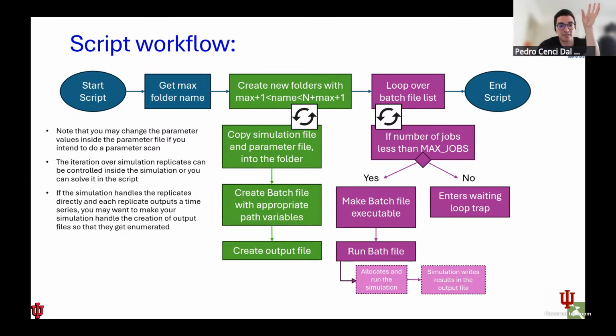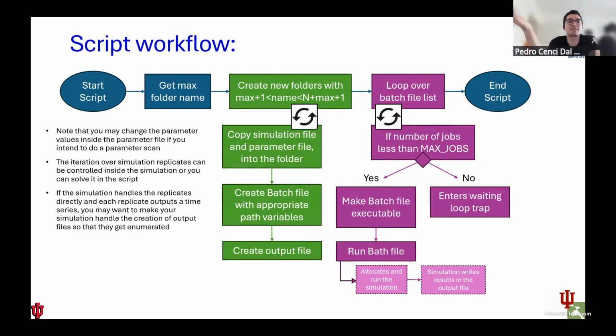The first one is creating and organizing all the folders and files. First, it reads the files that are already there and gets the maximum folder name. Again, the folders are ordered from 0 to n, so I just get the maximum and then I create n more.